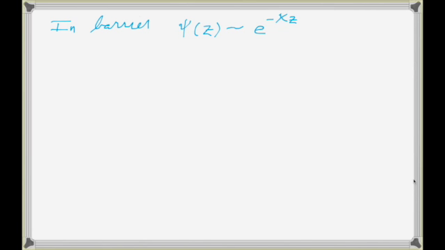If you're above the conduction band, if you're a plane wave, then psi is just e to the ikz. To go from one to the other, I just let k go to i kappa, and my e to the ikz becomes e to the negative kappa z.